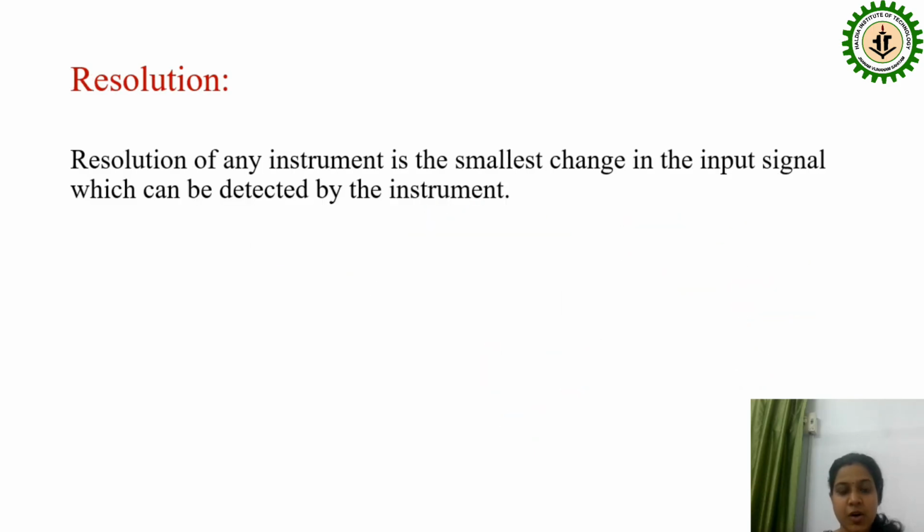Now, what is the meaning of resolution? Resolution of any instrument is the smallest change in the input signal which can be detected by the instrument. Now, I am going to explain the meaning of the resolution of any kind of measuring instrument. Let this be the ammeter, where the range of the ammeter is 0 to 10 ampere.